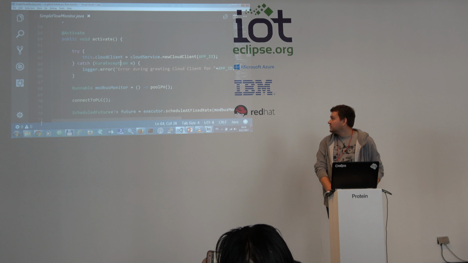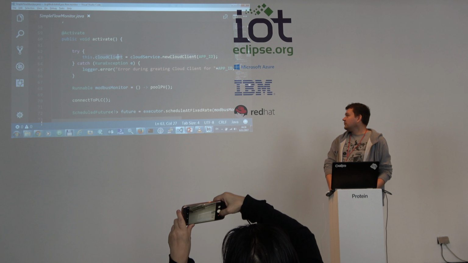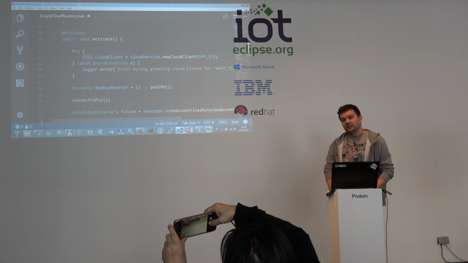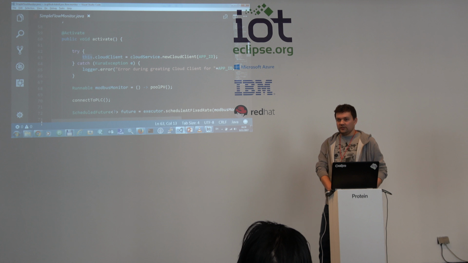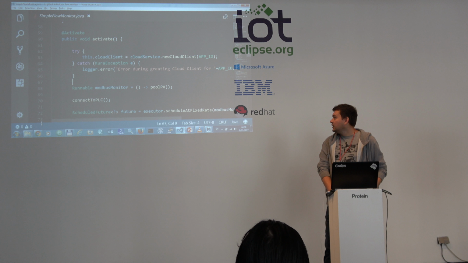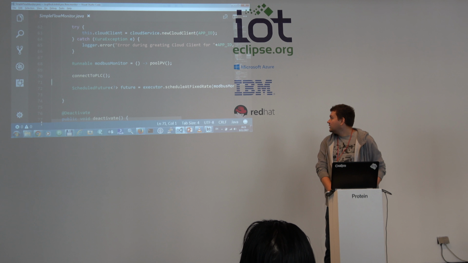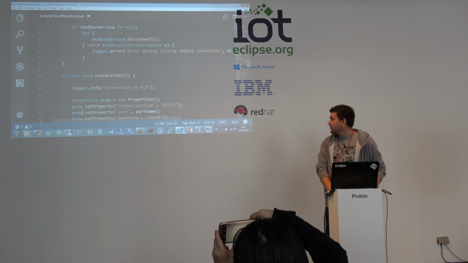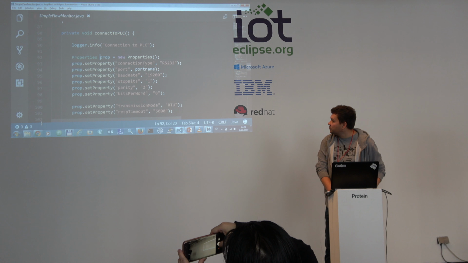In the activate method, this is the code which first needs to create the cloud client, so the way to connect to the cloud, and then create the polling mechanism and connect to the PLC. The deactivate method, of course, disconnects everything. And how we connect to the PLC: first we need to create some properties.